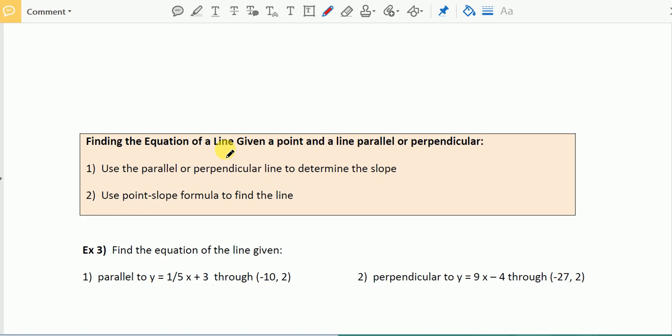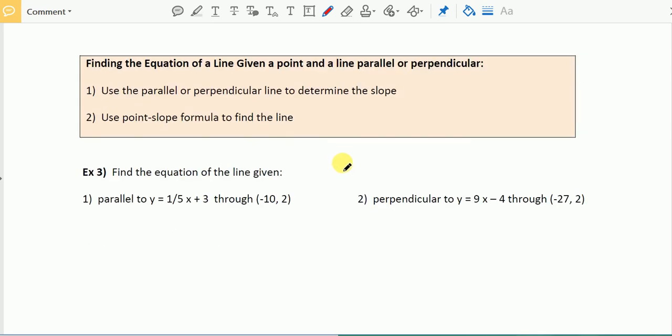In order to write the equation, you need two things: the slope and a point. You are already given a point. Now just find the slope. If they said that line is parallel, that means you have the same slope. If they said that line is perpendicular, then you have the slope to be the negative reciprocal of that.